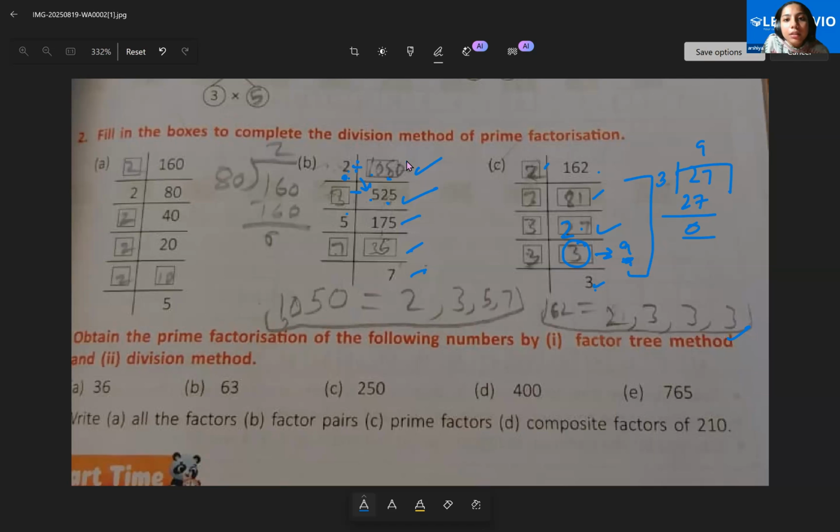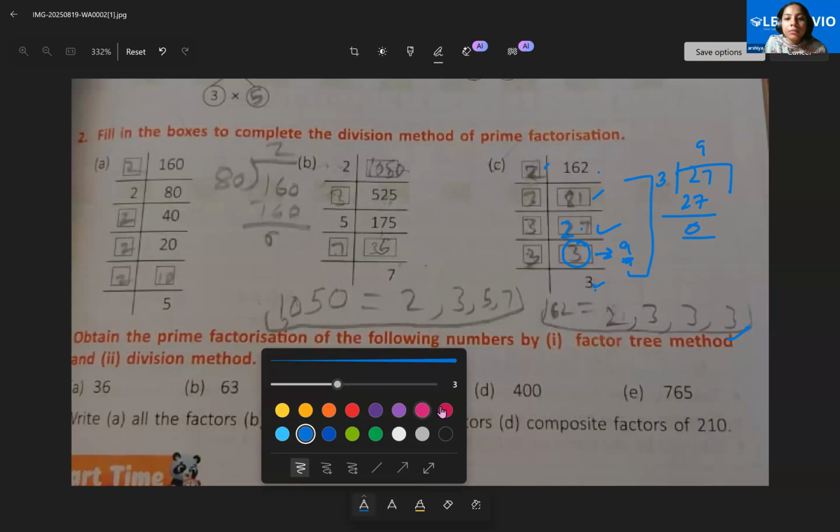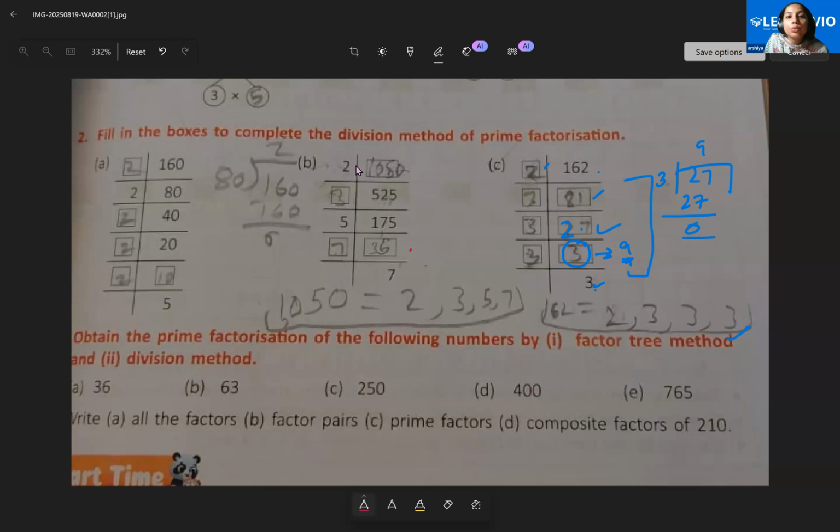Wait, give me one second. Let me erase this first. So first you're dividing 2 and 1050, but 1050 wasn't given to you, right? So okay, let me tell you the relation. If it's written like this, that means it's division, but if it's written like this, that means you have to multiply.